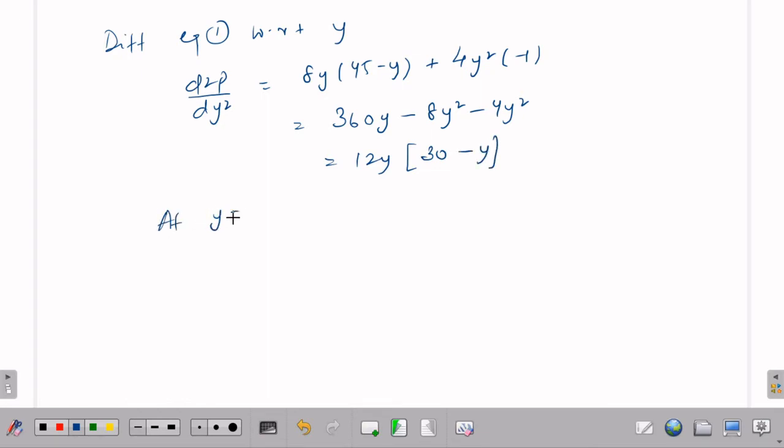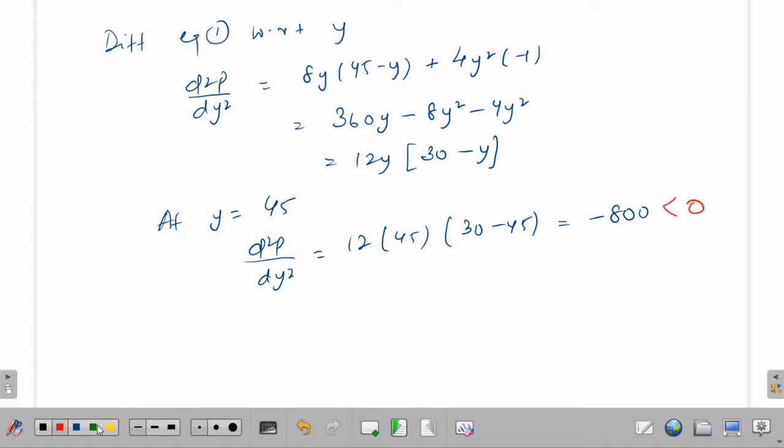So at y is equal to 45, because I got y to be 45, d squared p by dy squared would be nothing more than 12 into 45 and then 30 minus 45. So I'll get the answer minus 8100. Now that is nothing more than less than 0.